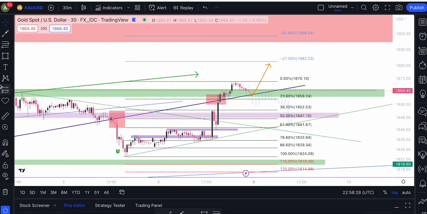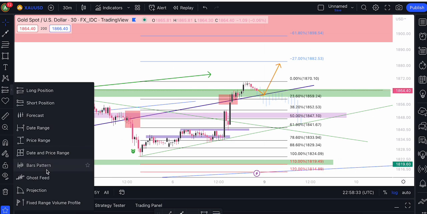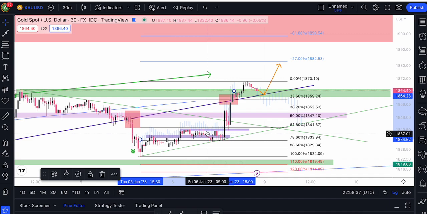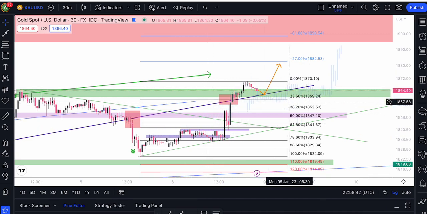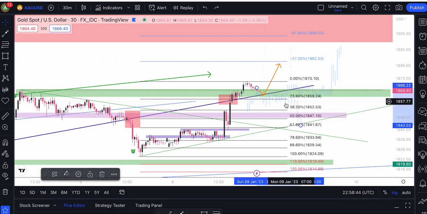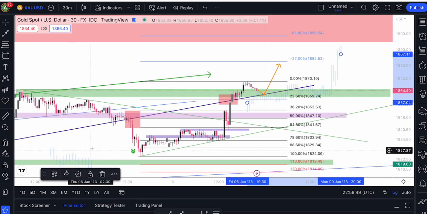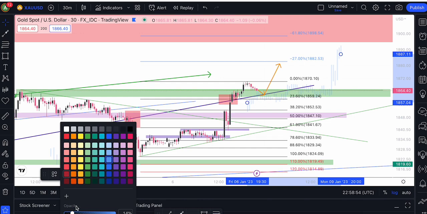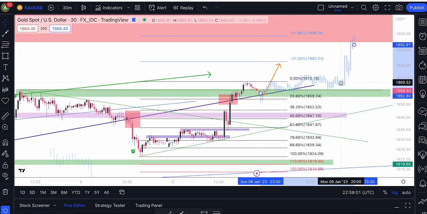So it'll look something like this. Let me delete this one out the way. I shouldn't have deleted it because I want to use that next. But it'll look something like this.